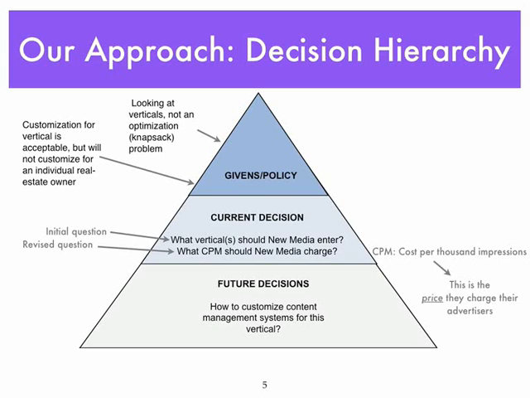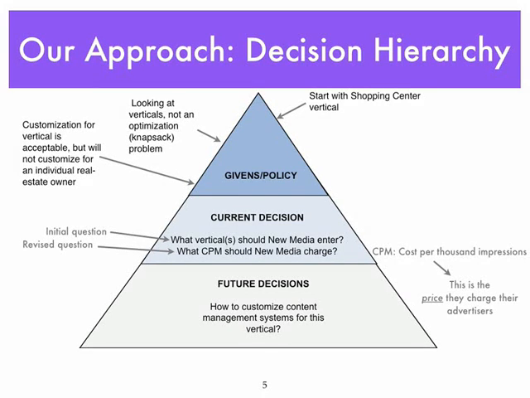We're looking at whole verticals, not an optimization problem of how many salons, cafes and shopping centers to put the technology in in San Francisco. So this is really trying to judge the value of a given vertical.